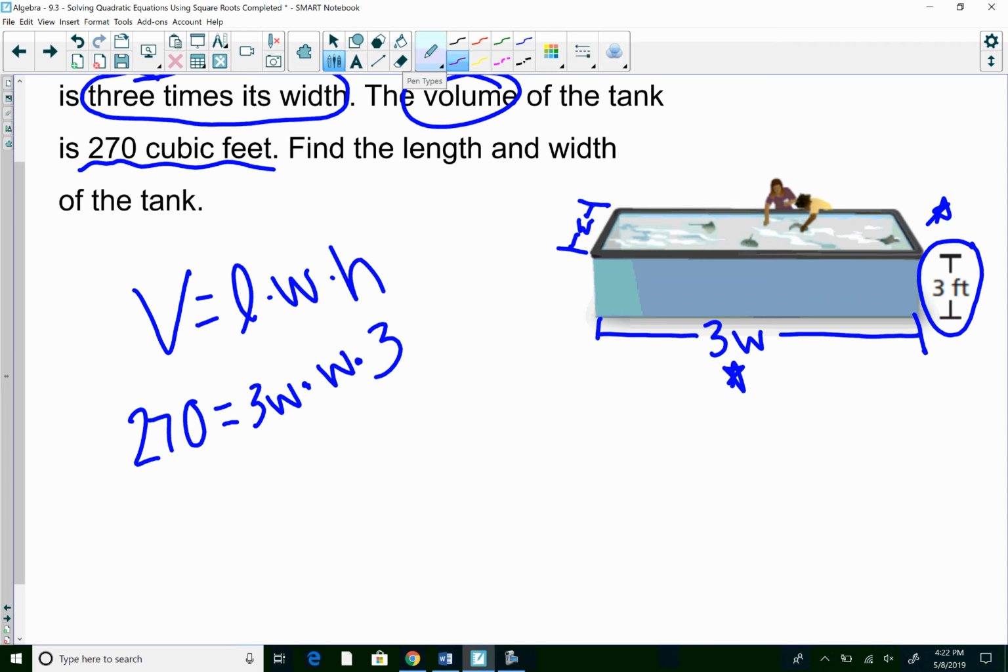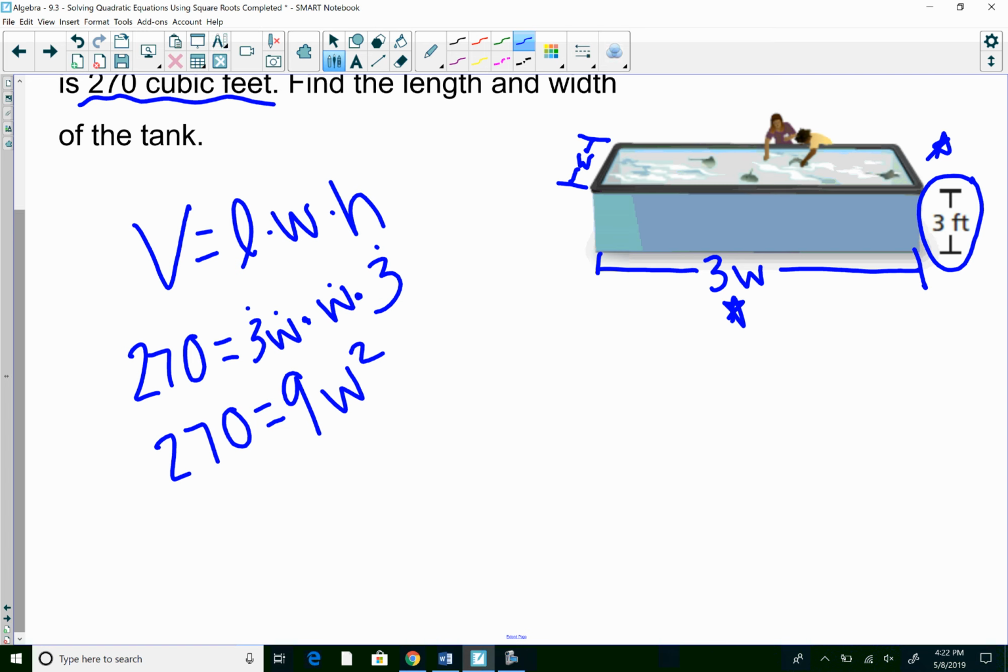Now let's combine everything here. We're going to multiply all of this together. So I've got 270 equals 3 times 3, which gives us 9. W times W, please do not say that is 2W. It is W squared. If there's anything you get from me this year, it should be that when you multiply, it turns into W squared.